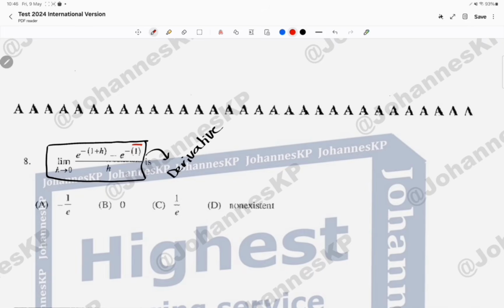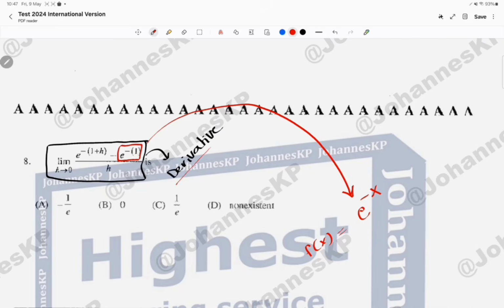You always look at the last part, which is this one. So you're going to have e to the power of negative, and don't put 1, put x, because the x was a 1. That's why here there's a 1. Could be a 2, could be a 3. That is your function.